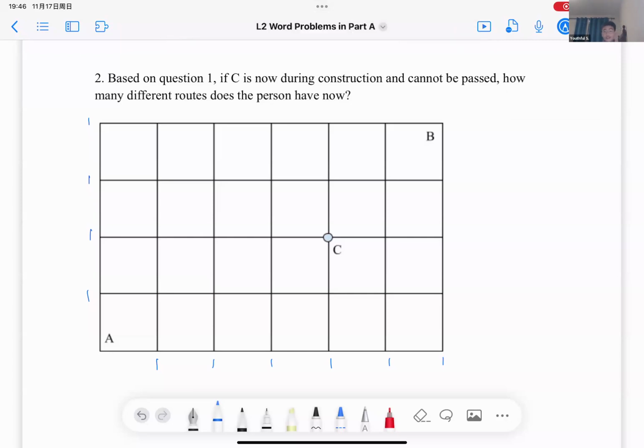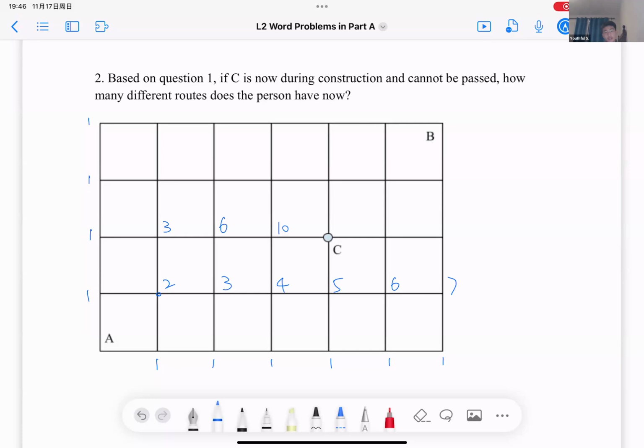So notice I've already labeled the sideline, so it's fine. It's the basic step. So now we're going to start our number labeling. So this one is 2, 3, 4, 5, 6, 7. There's not much difference from last time. This is 3, 6, 10.